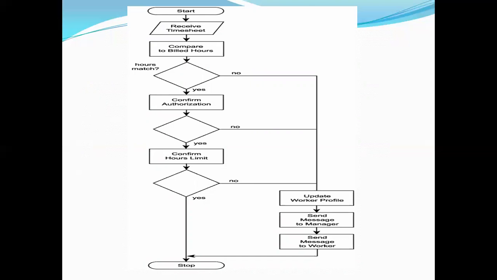Here I'm using a flowchart for explaining the timesheet submission process and the different conditions fulfilled for accepting or rejecting the timesheet. Reading this timesheet flowchart: the input for the timesheet submission process is the timesheet document itself.